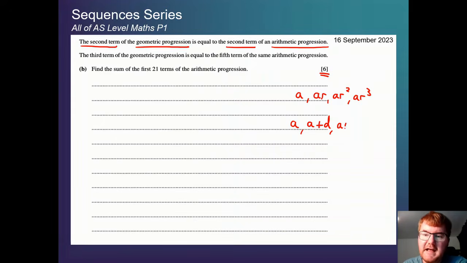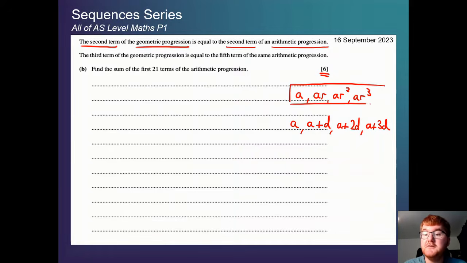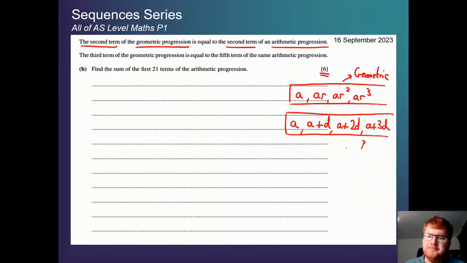The third term would be A plus 2 lots of the difference, 2D, A plus 3D, and so on. So this here is useful for your notes, so make sure if you need to go through this, write this down. This is geometric here, multiplying each time, whereas here this is arithmetic, also known as linear sometimes. So very useful notes to have.